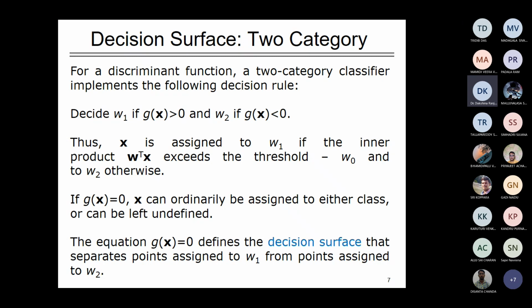Since we are considering the two category case, there are two different classes W1 and W2, and this decision surface separates these two regions. One region comes under W1, another region comes under W2, and the decision surface g(x) equals 0 defines the separation between these two regions.